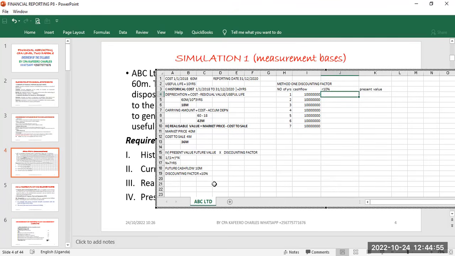We said it is 1. This one we can use Excel. It is 1 divided by, put it in the bracket, it is 1 plus our 10%. When you convert it to decimal, it will be 0.1 plus 0.1, it is to the power. Now this n, our n here is 1, it will be to the power 1.